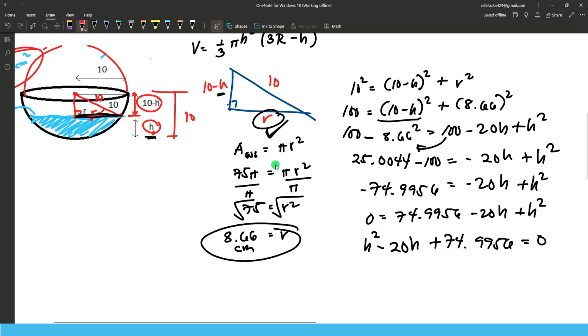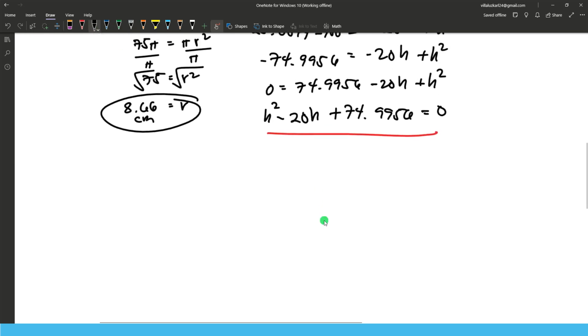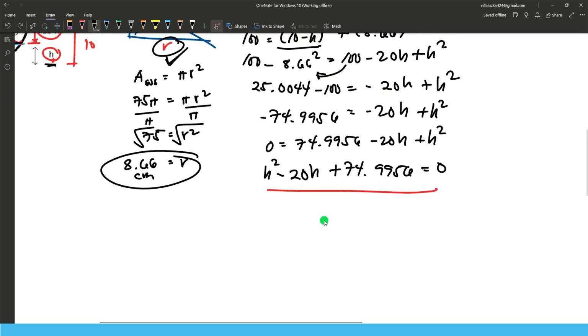So this is a quadratic equation, so we use the quadratic formula. We have two possible values of h here. Your a here is 1, your b is negative 20, c is 74.9956.